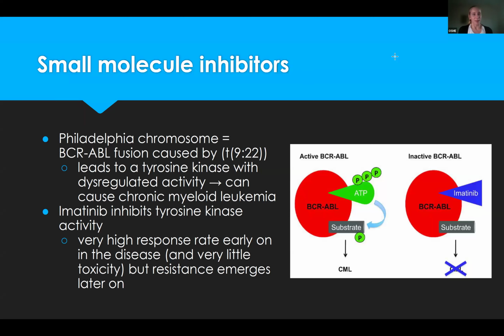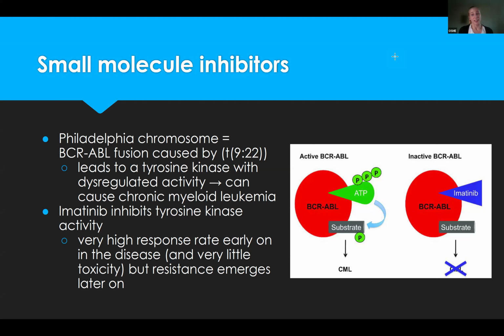Which obviously means that if we are effectively able to target it, we can block the cell growth. And the small molecule that we can do this with is called imatinib, and it has actually achieved some very, very good results. And it can quite effectively help eradicate the disease early on.